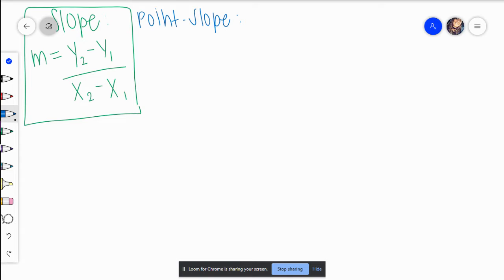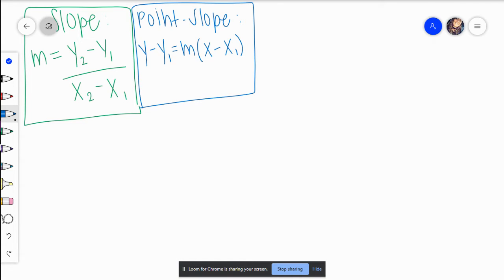You need a point and you need a slope in order to use this form. Okay, and the form is y minus y sub 1 equals m times x minus x sub 1. Okay, so this is our formula for point slope form.